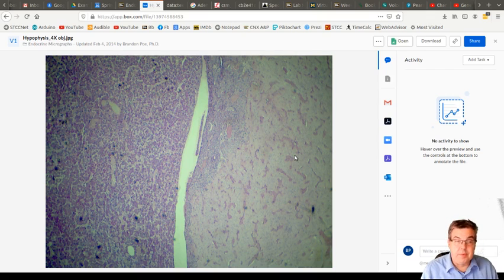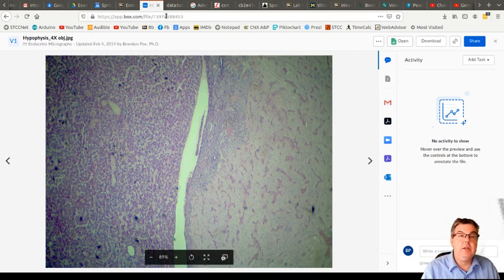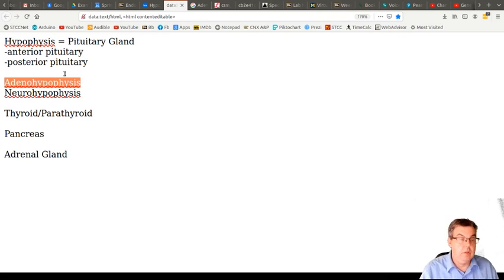So hopefully you've come to the realization that the adenohypophysis is the glandular tissue which is making protein hormones. And that's the anterior pituitary.